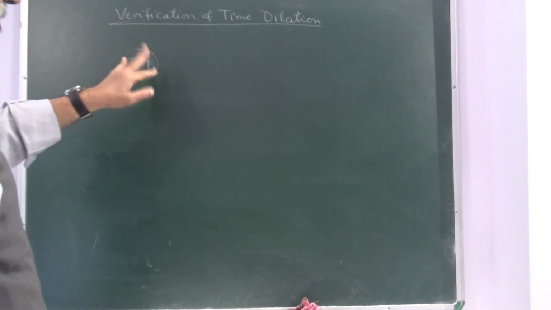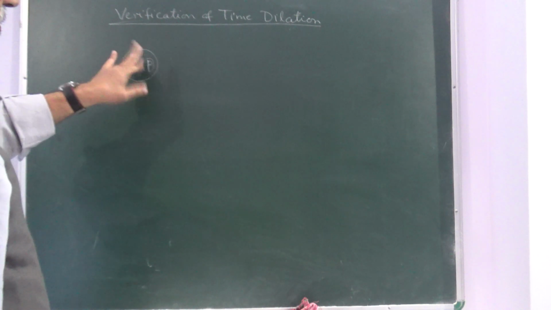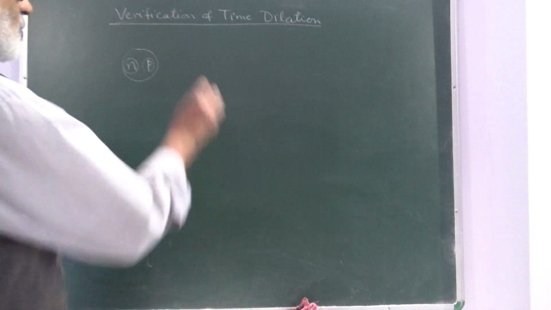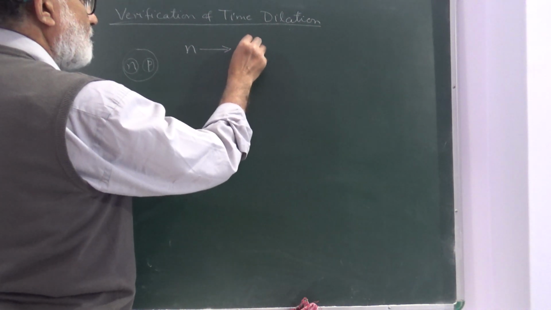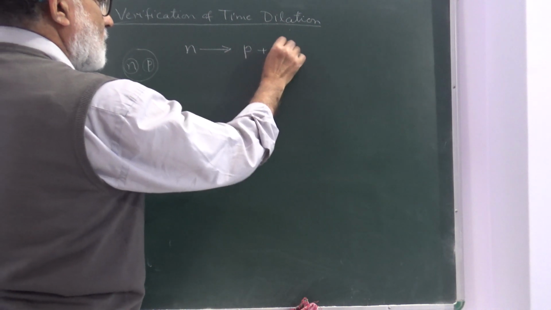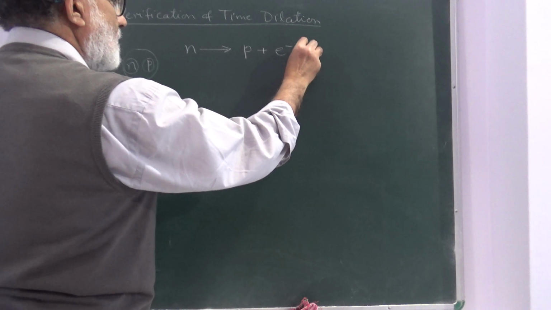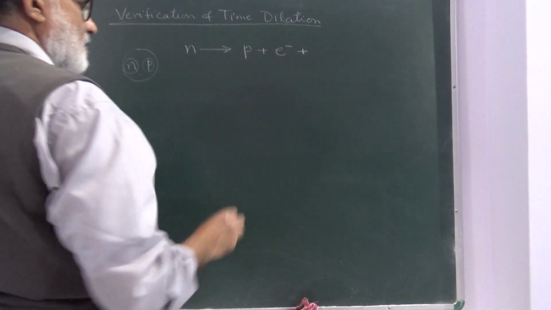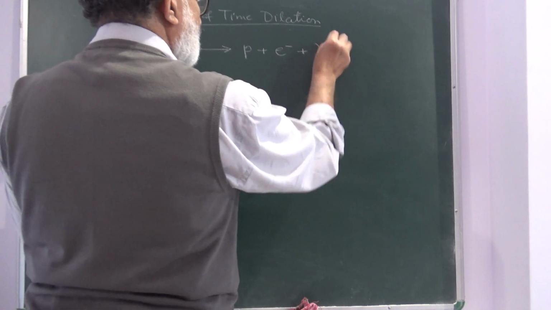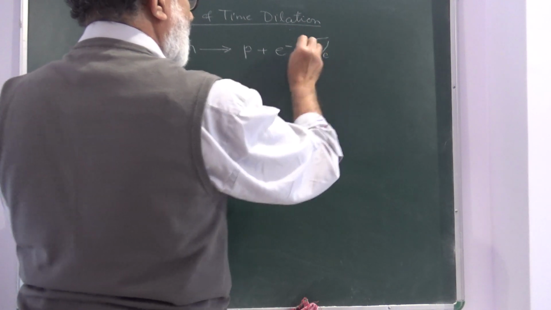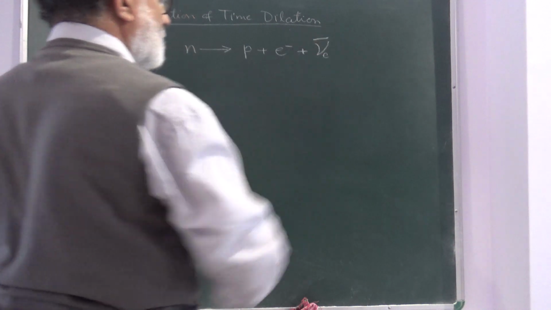So neutron converts into proton with the emission of an electron and a particle called electron anti-neutrino; the bar means anti.